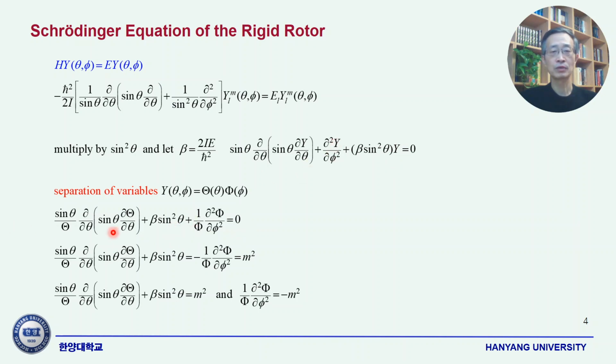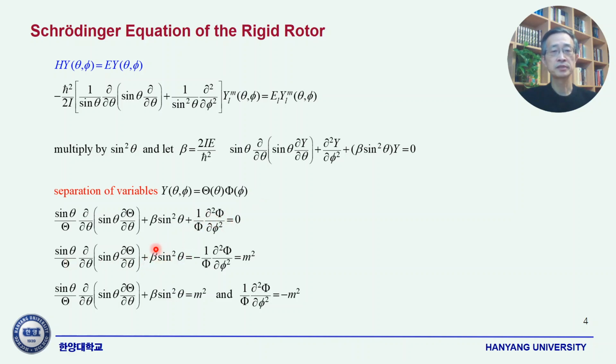So basically you have done the differentiation of the separated function. Now these two terms are only in theta, and this term is only in phi. So you separate them over the equal sign.